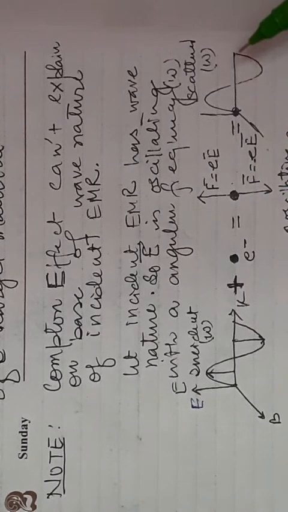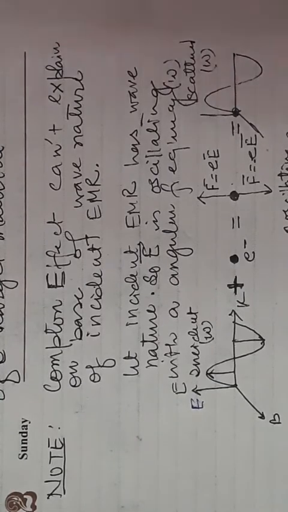Therefore, the difference between the scattered and incident is zero. So the Compton effect cannot be explained by the wave nature of electromagnetic radiation.